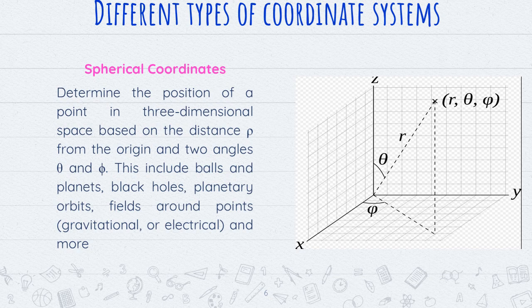Next, theta varies from 0 to 180 degrees, that means 0 to pi. Whereas phi varies through 360 degrees, that means phi varies from 0 to 2 pi. So that's all about the coordinates as well as the ranges for the spherical coordinate system.